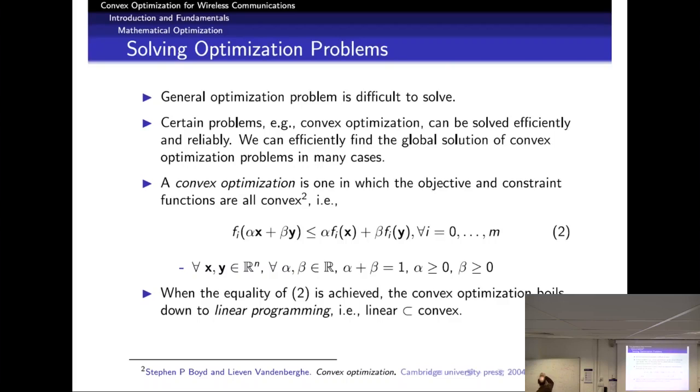If I have 2 points, for instance, x and y here, and I take a linear combination of those 2 points, for any point in between, for instance this one, this a, I can say that f of a here will be smaller than the value that is computed by weighting those 2 extreme points here.